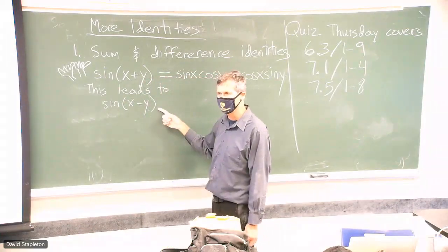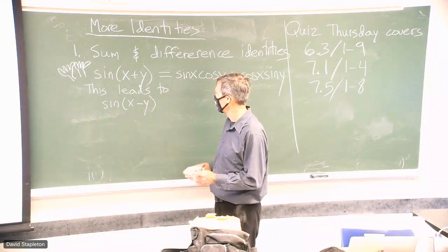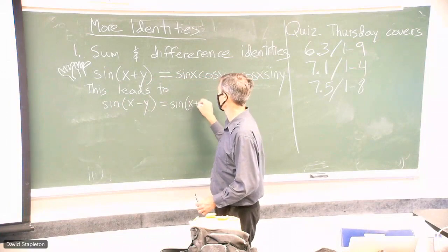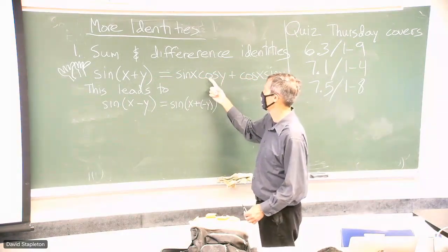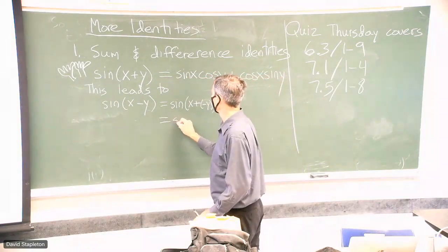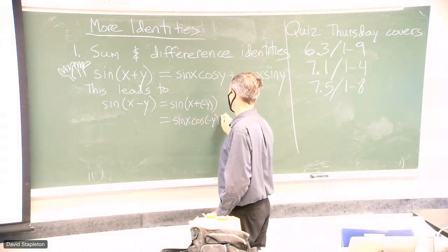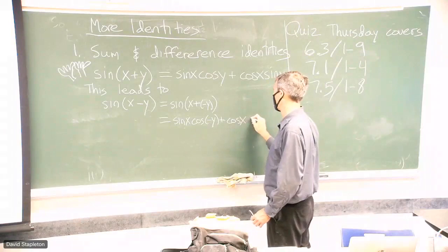And this is a useful proof because it's going to be kind of like some of the proofs we do here. I know if I just wrote it as sine of x plus negative y, and this holds for all y, then I could use this identity for the sum, right? This would be sine of this angle, cosine of the other one, plus cosine of the first angle, sine of the second one, right? Sine cosine plus cosine sine.